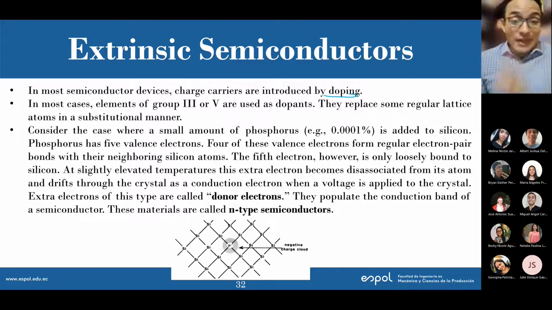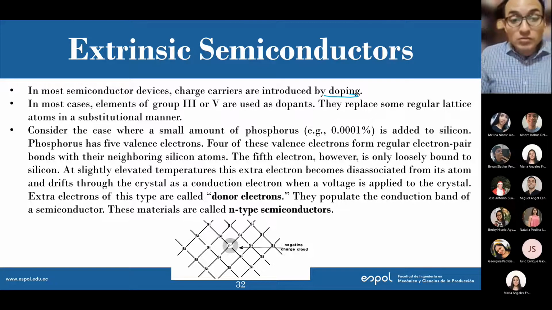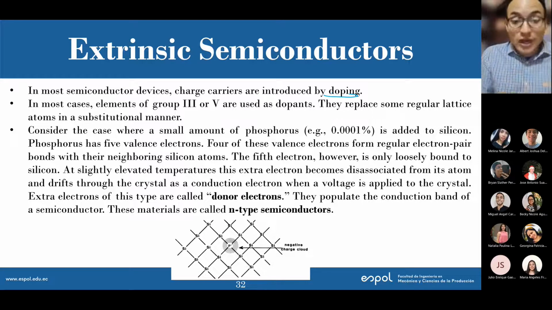Phosphorus has 5 valence electrons. So 4 of them will go and form the regular electron pair bond with the neighboring silicon atoms, because remember, silicon has 4 electrons in its valence shell, right? So 4 of those 5 valence electrons in phosphorus pair with the silicon electrons.